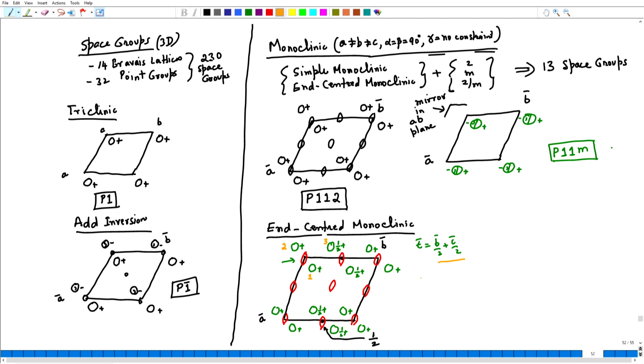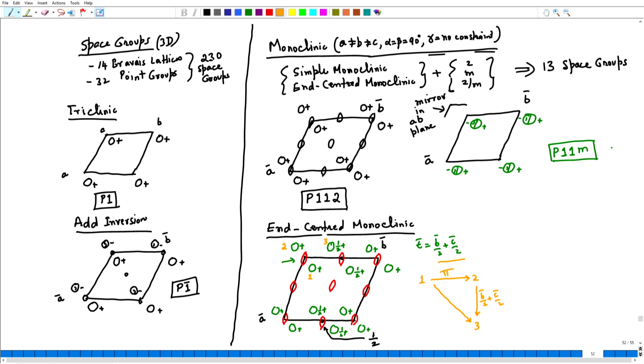So, to summarize this, 1 goes to 2 through a rotation of 180 degrees, 2 goes to 3 by the centering translation B by 2 plus C by 2, and we want to find out how do I go from 1 to 3. Now, remember, there is no handedness change in any of the motifs simply because there are no reflection or inversion operations. So, how can I go?